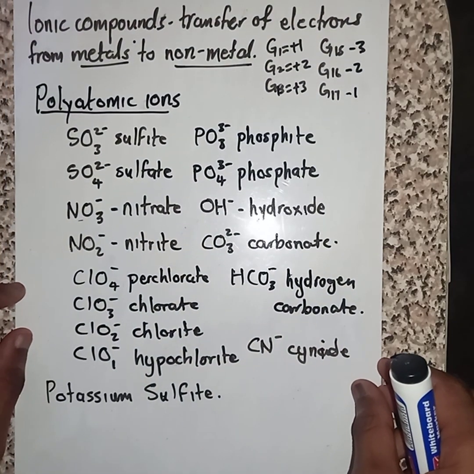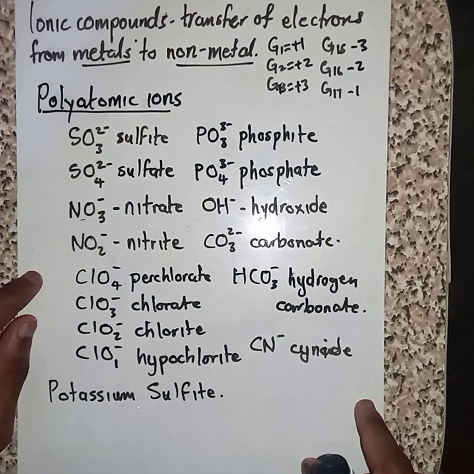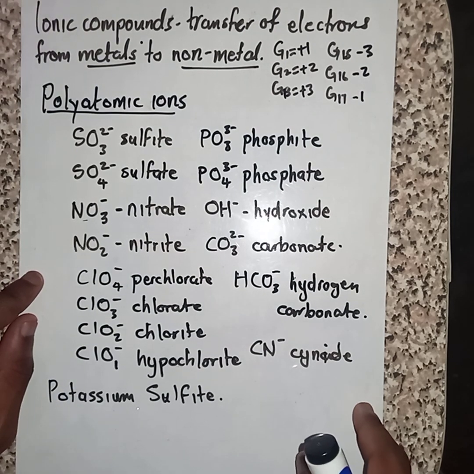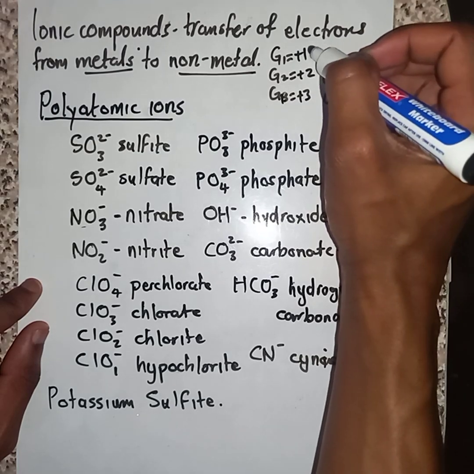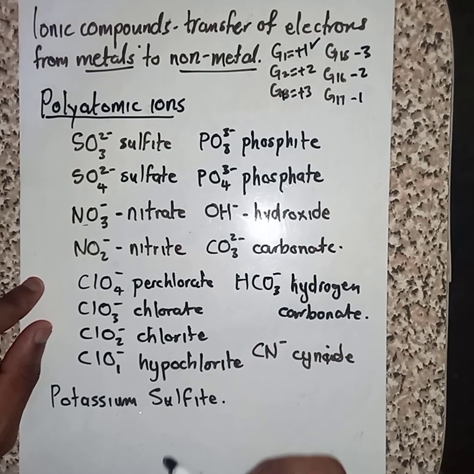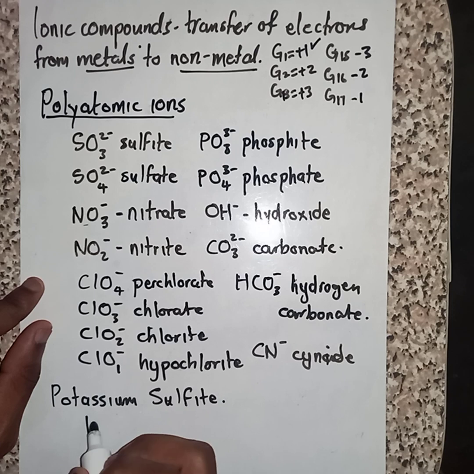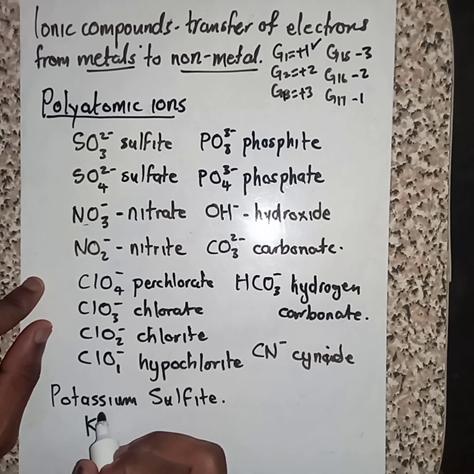If you have your periodic table, you can clearly see that potassium is in group number 1. That means potassium is going to have an ion charge of +1.